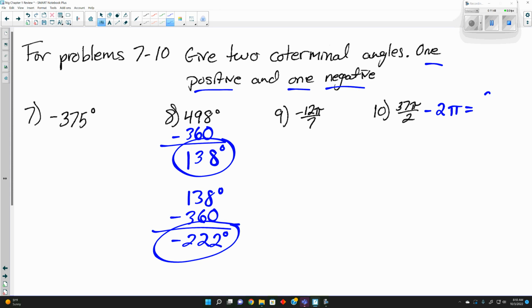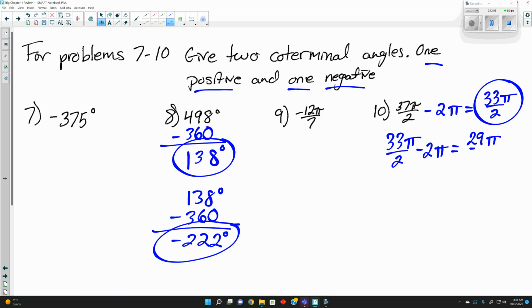And that gives us 33 pi over 2. I have one positive coterminal angle, yes? Well, we can subtract 2 pi again. So I could say 33 pi over 2 minus 2 pi. And this gives us 29 pi over 2.